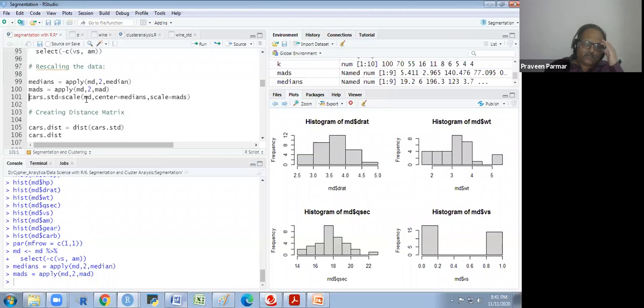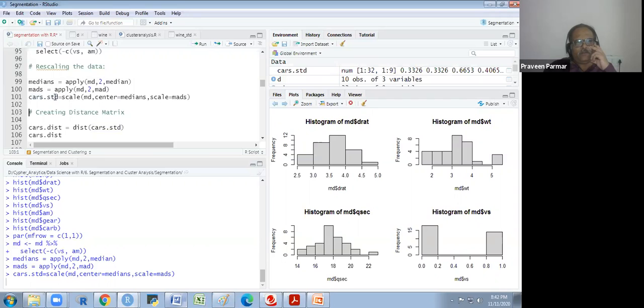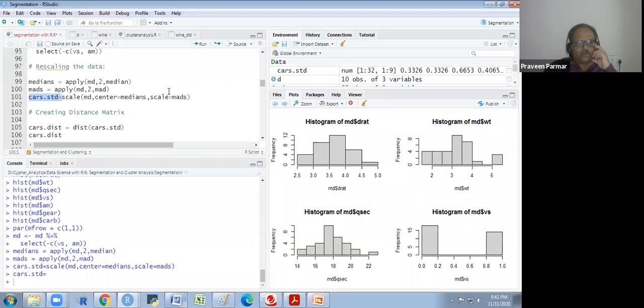Car standard scale MD, the new data set I am giving the name car standard data, and MD is centers, medians, and scales. The center is whatever central tendency you are taking, and the scale is whatever deviation you are taking. So I run this, and I will show you this car standard.